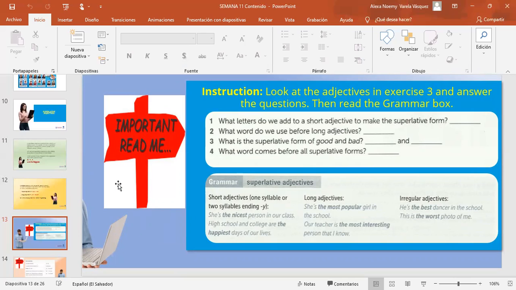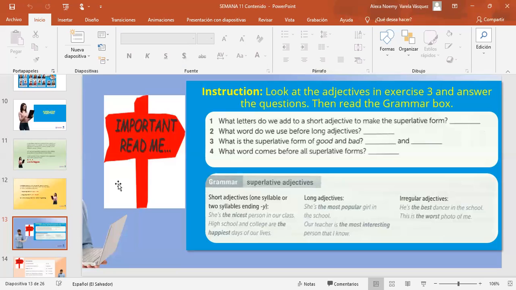Guys, as with irregular verbs, we have irregular adjectives, okay? In this case, good and bad are some of these irregular adjectives. We can't say the goodest or the baddest.